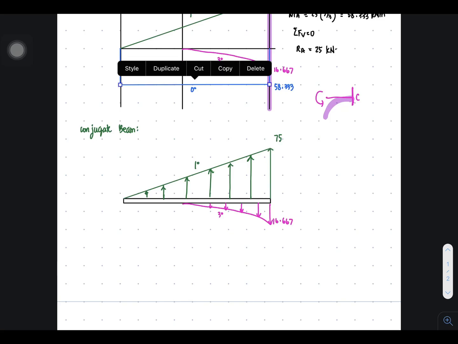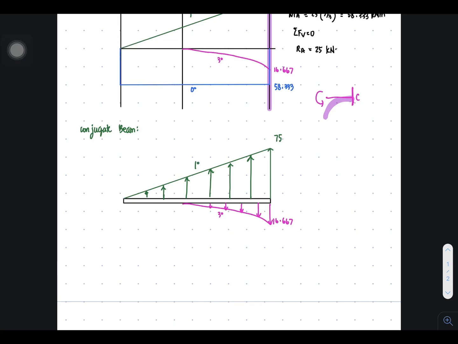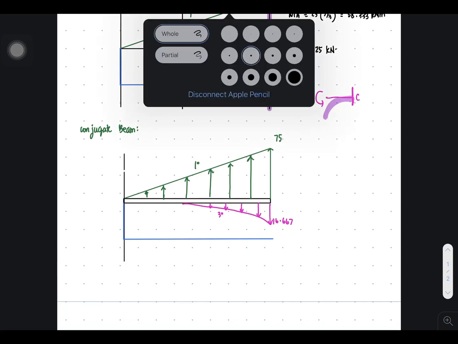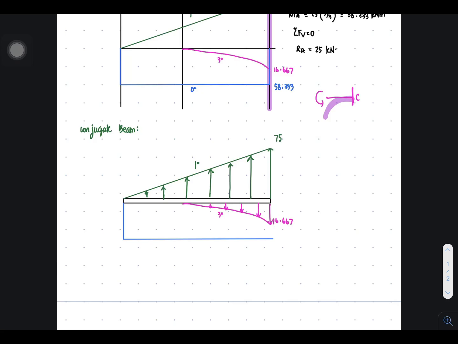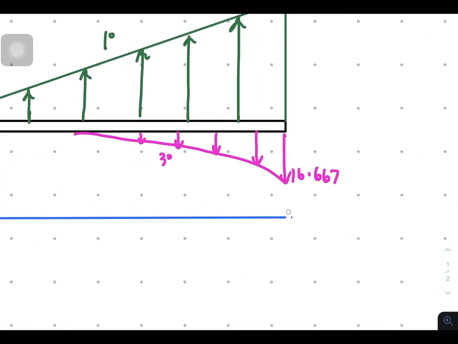Copy that. Copy. And then paste it here. And then just delete this. And this is downward.